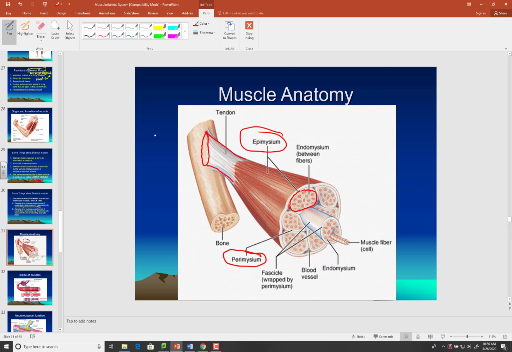Then you have the individual muscle cell itself. And that individual muscle cell is wrapped in what's called the endomysium. So again, you can see the fractal nature of it. The endomysium is like a saran wrap that wraps individual muscle cells.